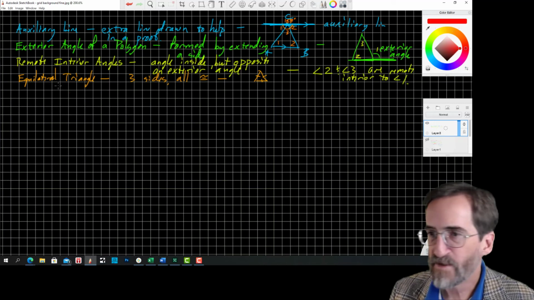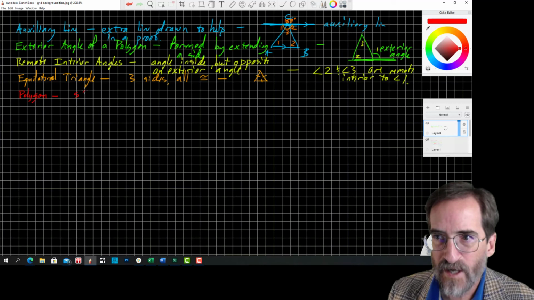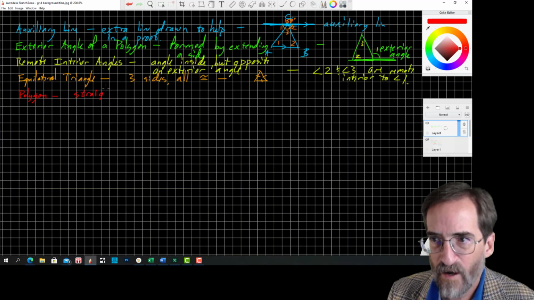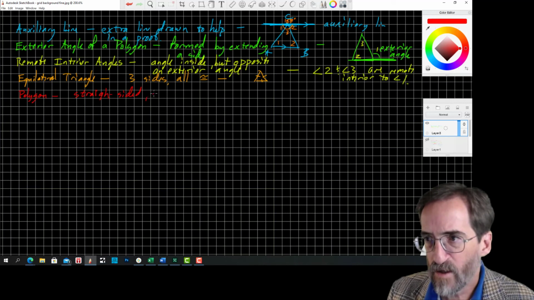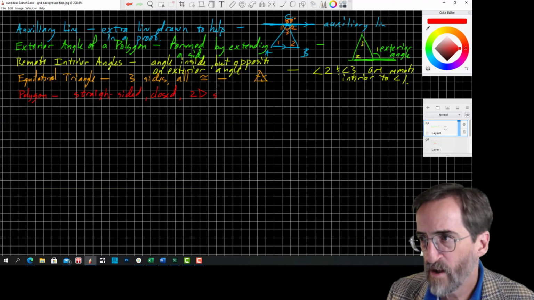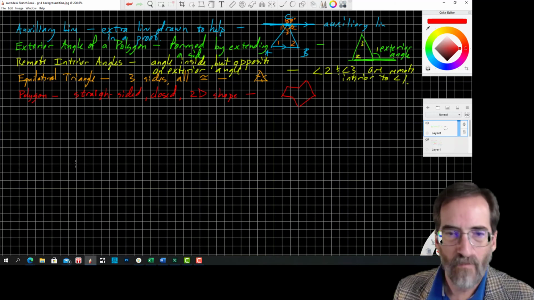Polygon doesn't mean your parrot is lost. Polly's gone. Oh no. Polygon is a straight-sided, closed, 2D shape. As long as the sides are straight and it's closed, that's a polygon.